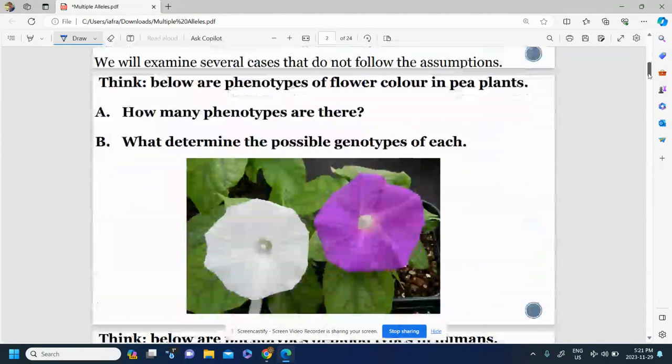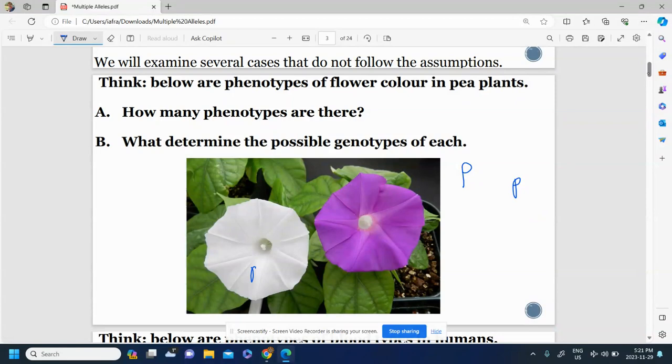So below we have some flowers. We need to identify their phenotypes and their genotypes for each one of them. You've already seen this example in the Mendelian genetics lesson, but basically purple was dominant to white. Let's say we used big P for purple and little p for recessive.